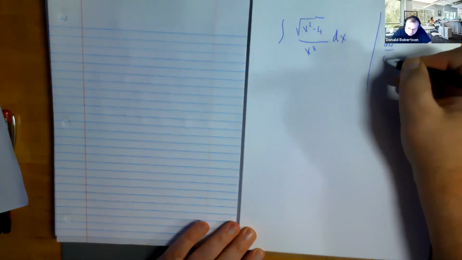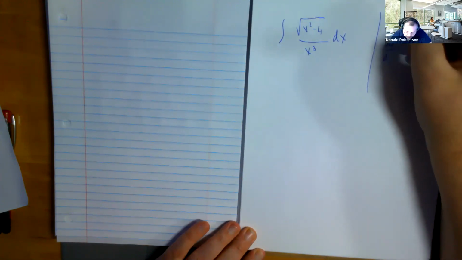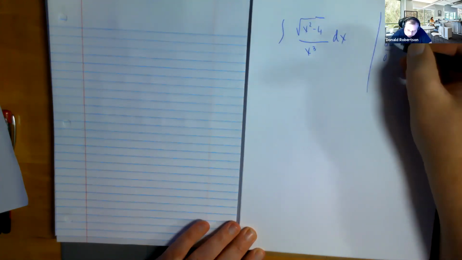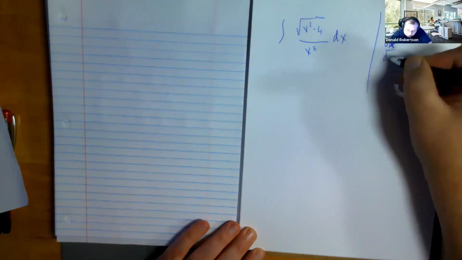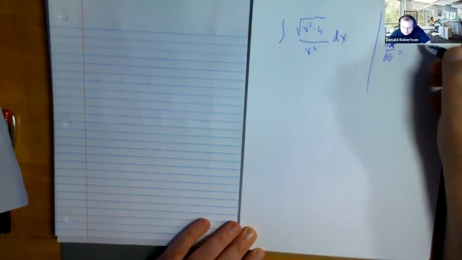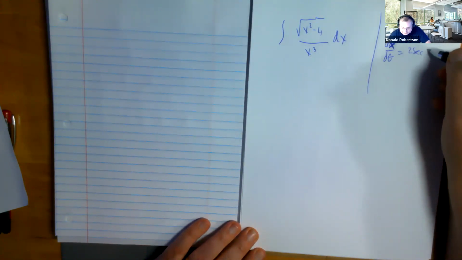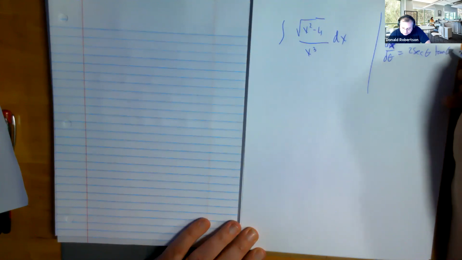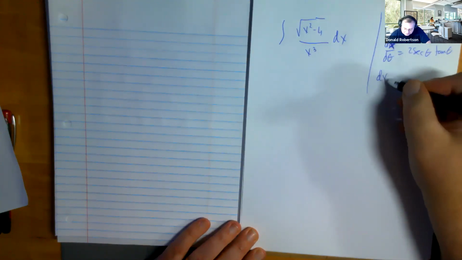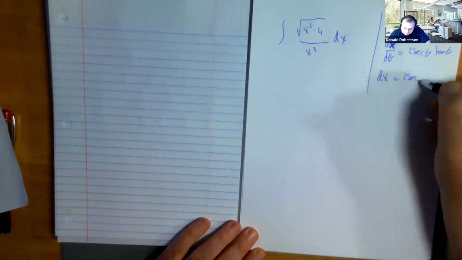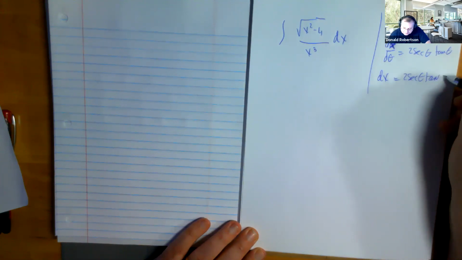So dx by d theta is going to be 2 secant tan. And that makes dx 2 secant tan d theta.